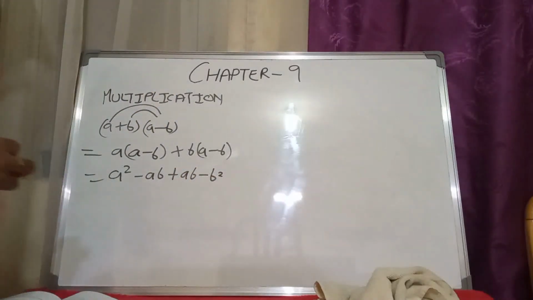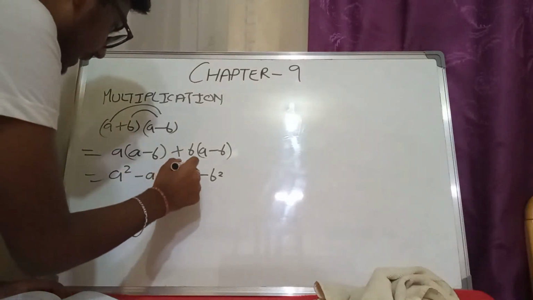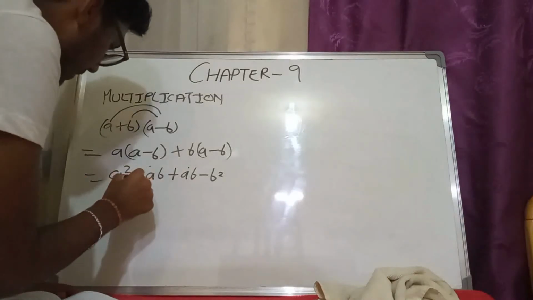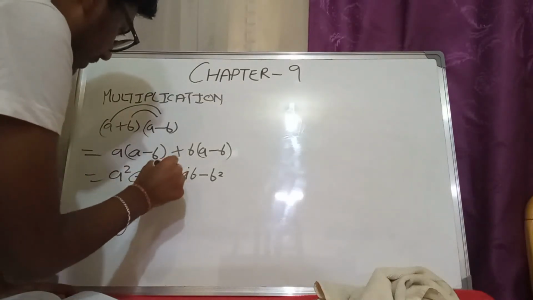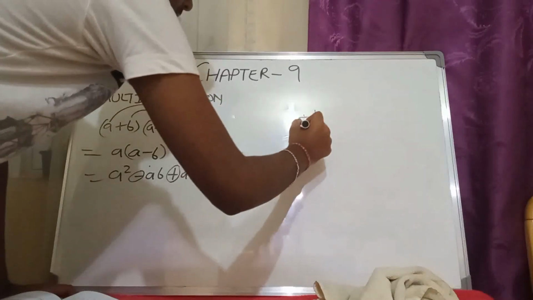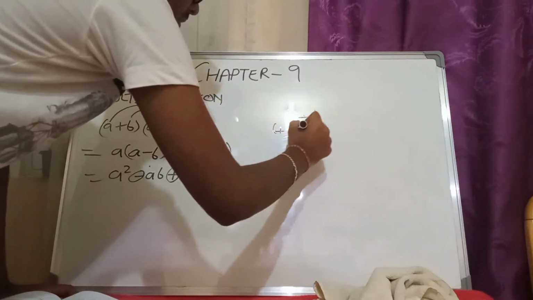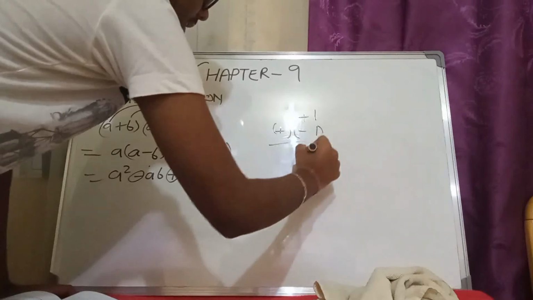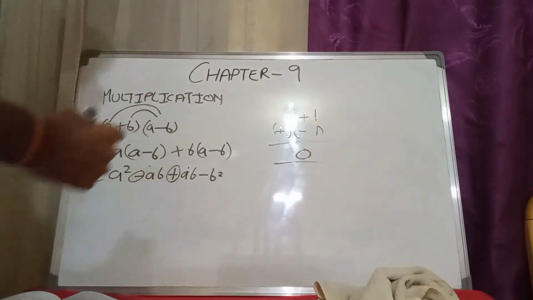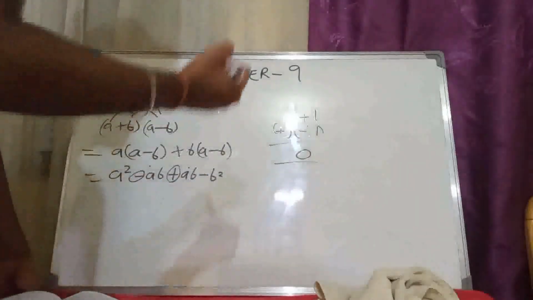So what do we get here? We find that ab and ab are two like terms. But what is their sign? Their signs are minus and plus. What do we get when we add plus 1 with negative 1? We get 0. So whenever we add the same absolute value but with a different sign, it is 0.